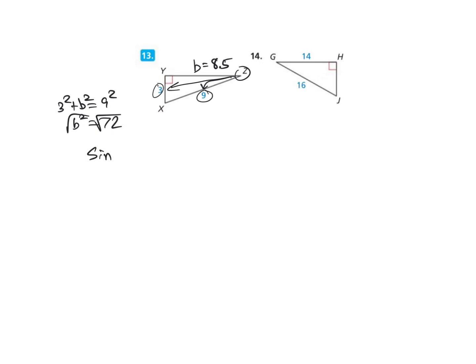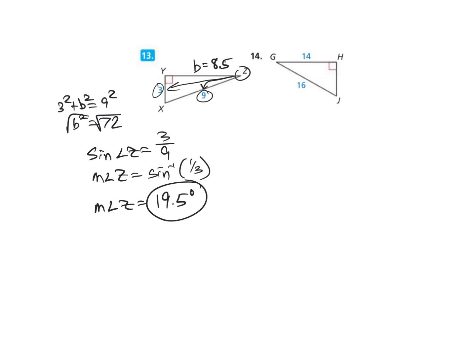So the sine of angle Z equals 3/9. The measure of angle Z is equal to the arc sine. 3/9 reduces to 1/3. You could just do 3/9 if you want. So 1 divided by 3, and take the arc sine of that, and I get the measure of angle Z equals 19.5 degrees. Subtract that from 90, and we get the measure of angle X equals 70.5 degrees. So there are your three values. Do number 14.